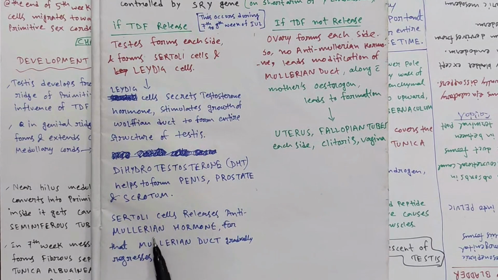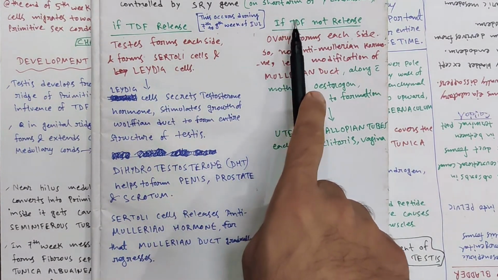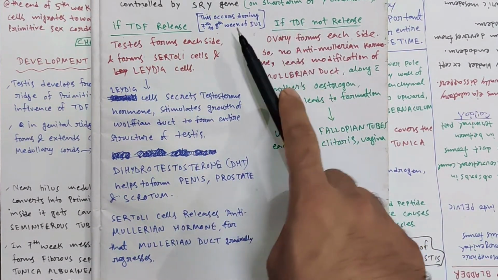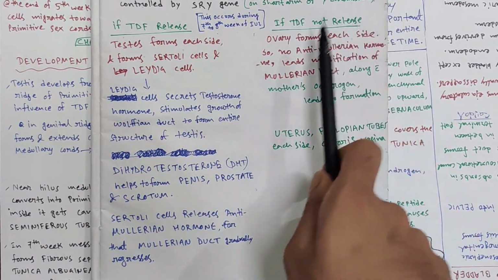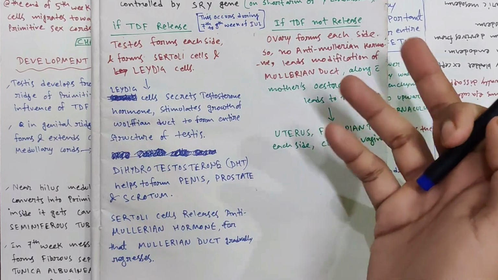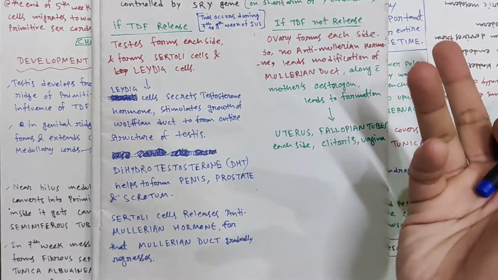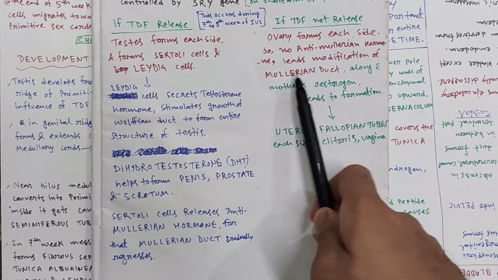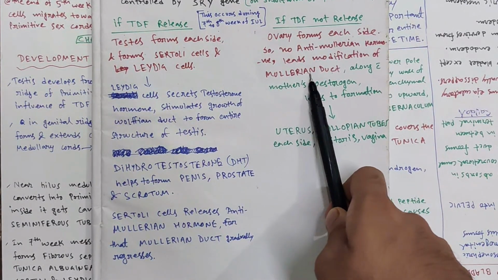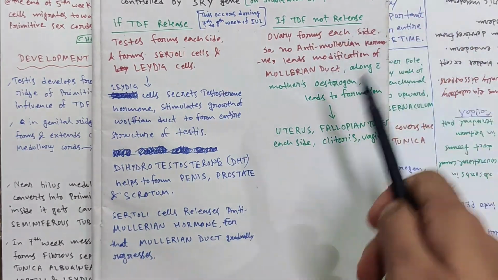To understand this point, you have to see there. If the testis determining factor TDF is not released, then the ovary forms on each side, right side and left side. So there will be no anti-Mullerian hormone because there is no Leydig cell and no Sertoli cell. Along with the maternal estrogen, this Mullerian duct, or paramesonephric duct, modifies into the uterus.